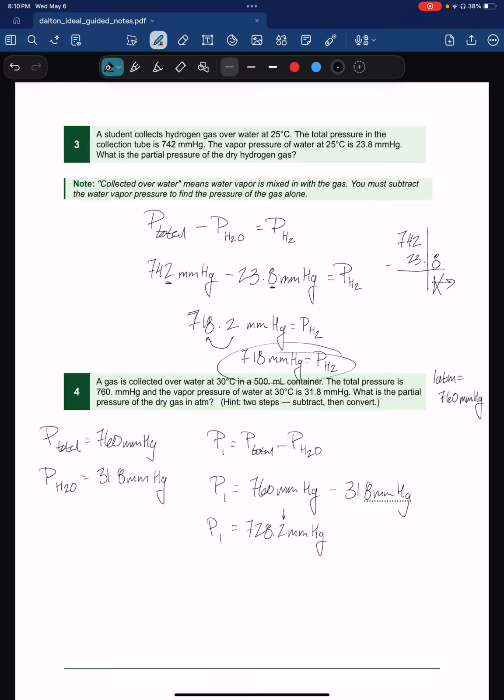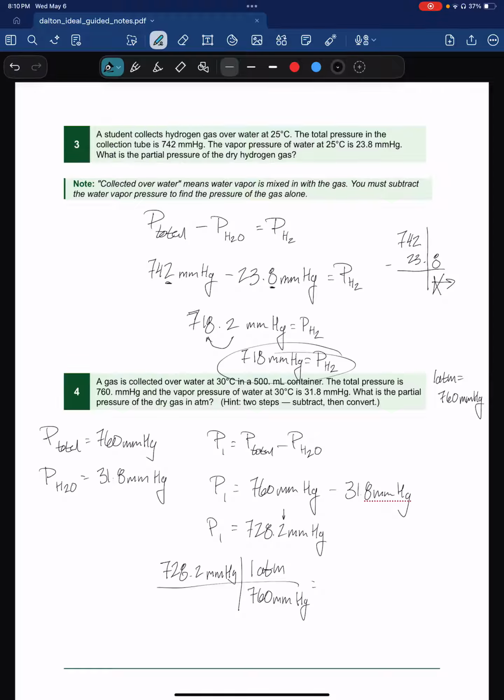So now what we're going to do is we're going to say, all right, we have 728.2 millimeters of mercury, and we're going to convert that. And we're going to say that 1 atmosphere is equal to 760 millimeters of mercury.